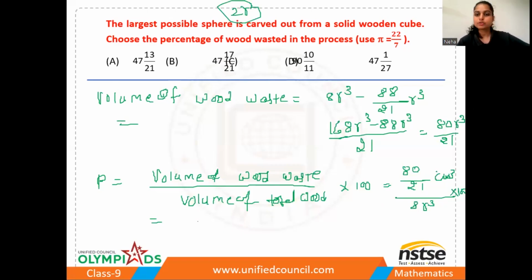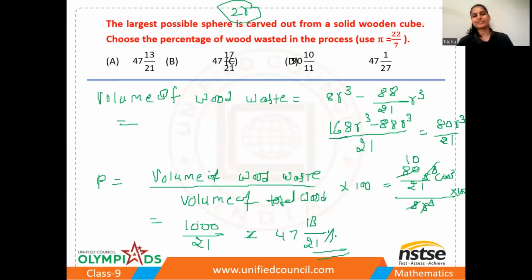The r cube and r cube cancel out, so 8 into 10 times becomes 1000 upon 21. If I convert it into a mixed fraction, because the answers are given in mixed fractions, this is 47 13 upon 21 percent. Perfect. This is your answer.